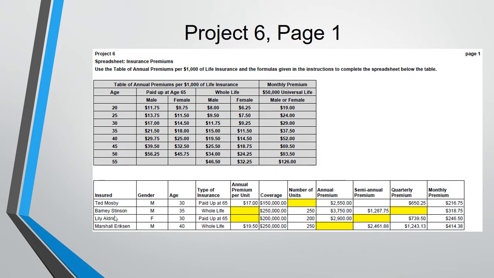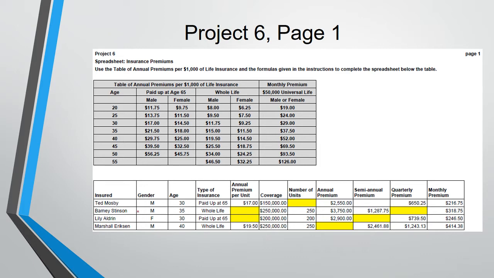We have a table. We actually have two tables, and we're going to fill in all the boxes. For the first column, the annual premium per unit, what you want to do is take a look at the table above to figure out what the numbers are. So we're going to take a look at the gender, the age, and the type of insurance.